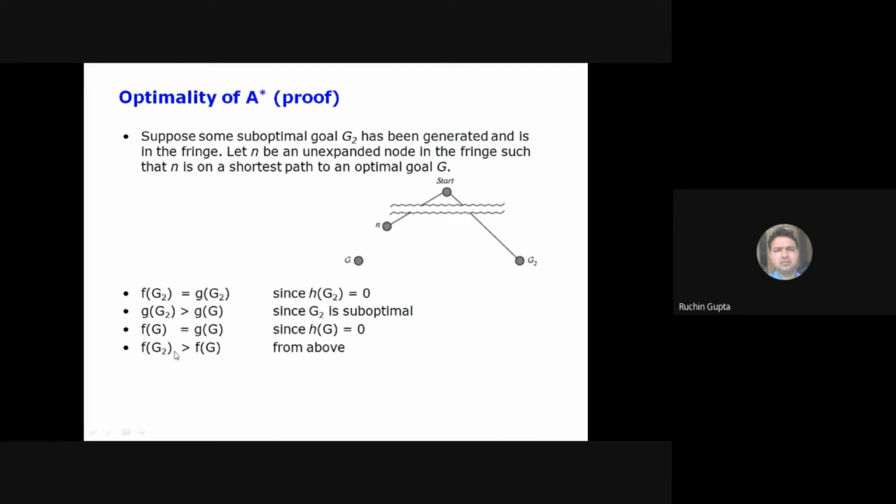And that's why f(G2) is greater than f(G). So what does f(G2) mean? f(G2) is the evaluation function cost from the starting node to the node G2, and f(G) is the cost from the starting node to the node G. So we get this inequality from above.